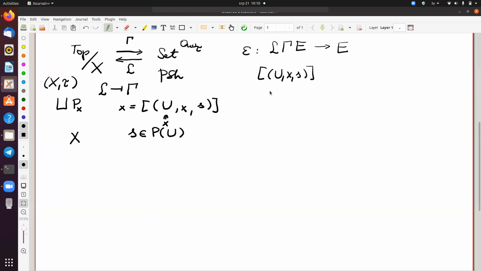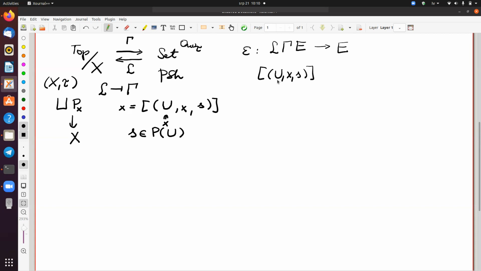U, X, s. Of course, this representative U, X, s, so this is elements in the total space of this, and I just remind you that the topology upstairs was given by its basis of topology, and the basis of topology was given by images of local sections.